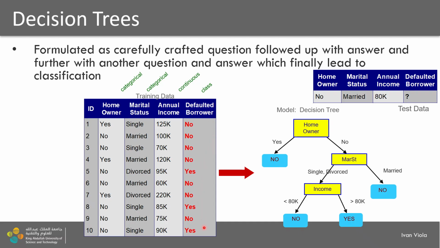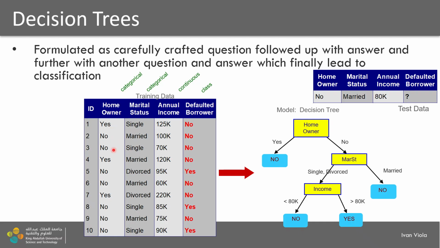Here we have some previous cases of loan takers, and they have several characteristics, like whether they own a home or not, yes, no, yes, no, yes, no, and whether they are single, married, or divorced. So, what is their marital status? What is their annual income? And whether or not they were actually able to repay their loan.